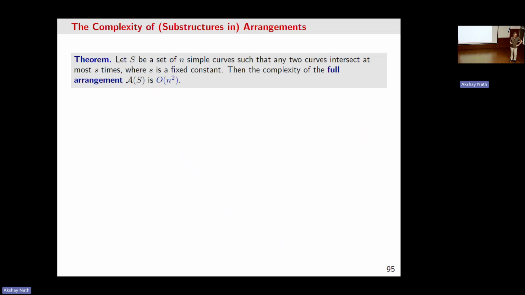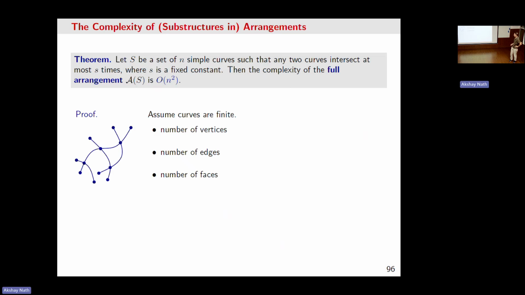So look at all the cells. Okay, that is pretty easy, because in the worst case, everybody intersects everybody. So every curve intersects every other curve in exactly s points. The number of vertices is, okay, each curve has two endpoints. Then for each pair, I maybe have s intersection points. s is a constant, so that's this.